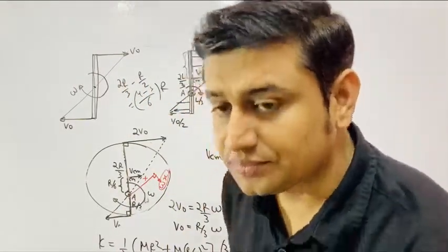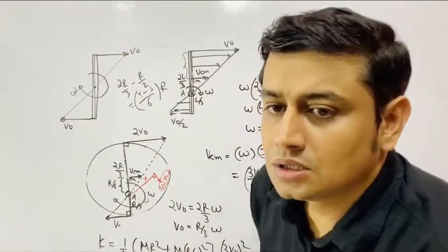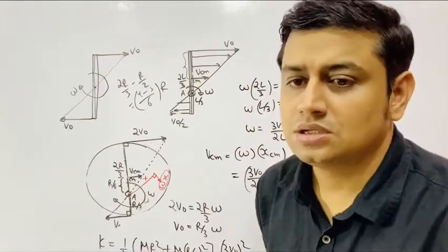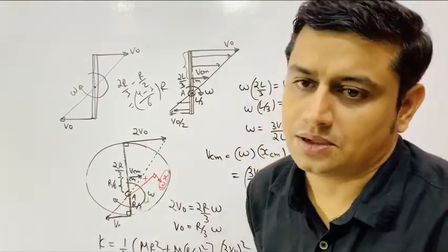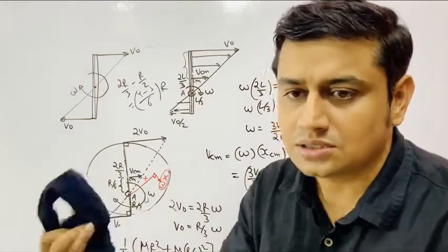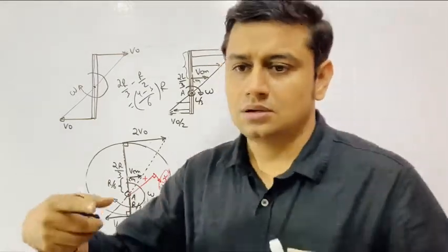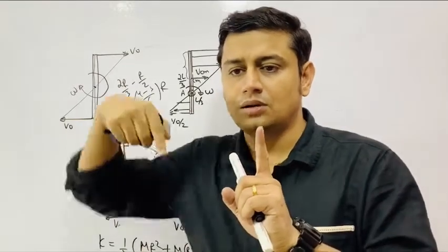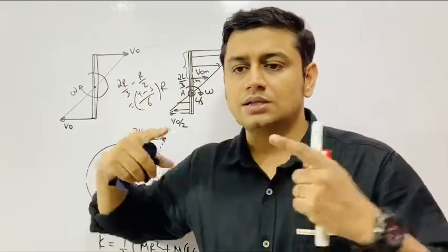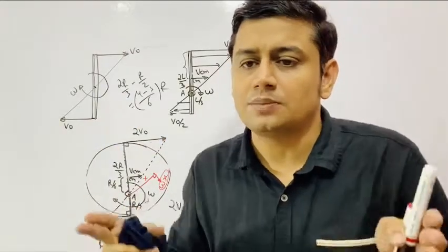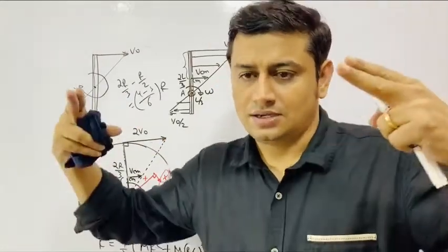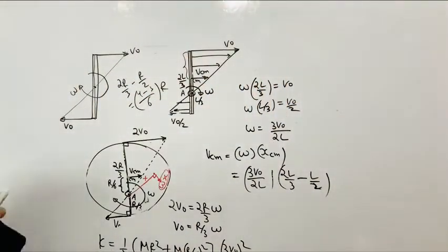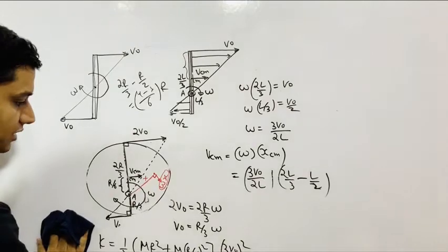Second, if we know two velocities which are neither parallel nor anti-parallel, they are not along parallel lines, they are inclined and intersect somewhere, how do we get the instantaneous axis? So our case 2 is this. Any doubt here?